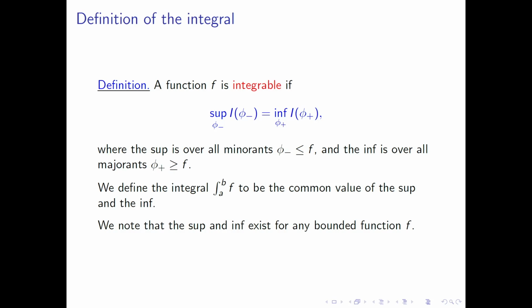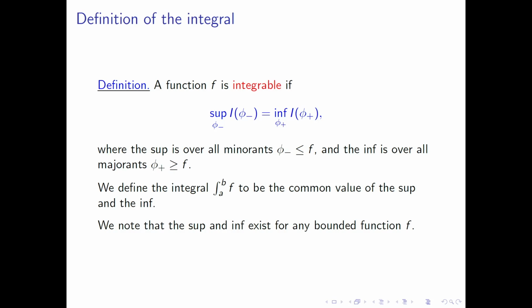And what you do is you look at the supremal value of I phi minus over all minorants phi minus. Similarly, you look at all majorants phi plus, and you look at I phi plus, and then you take the infimal value of those.